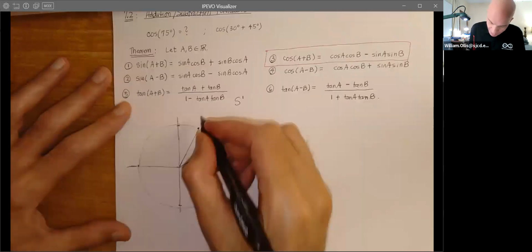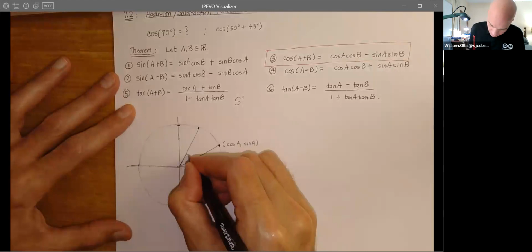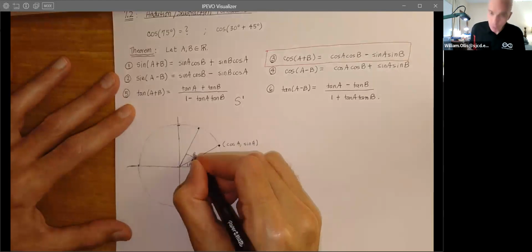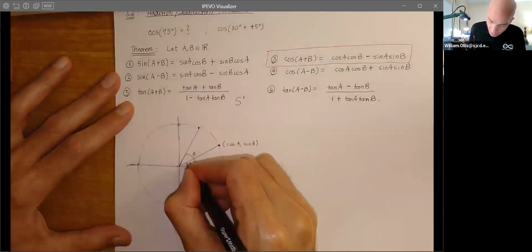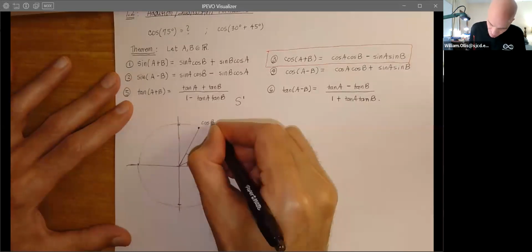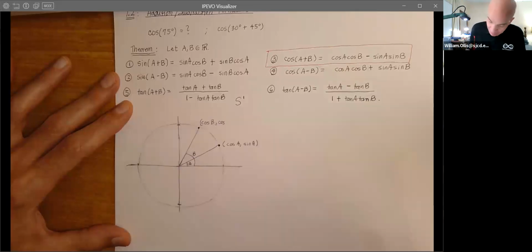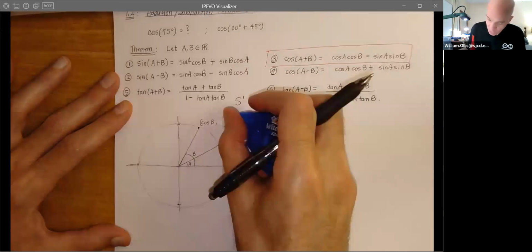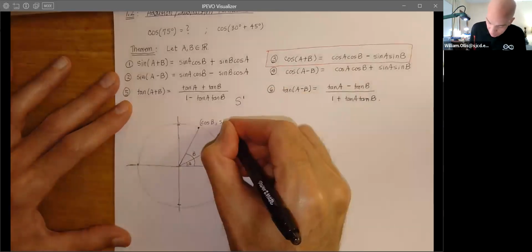So here, this will be angle B. And I'll mark that there. And so now we'll have cosine B, sine B. Let's not change the definition of sine and cosine, Professor Ron.